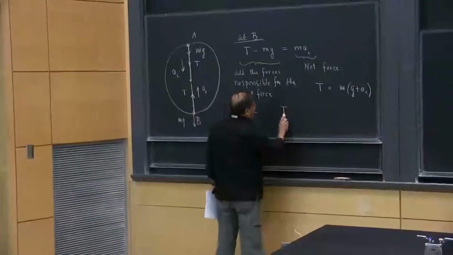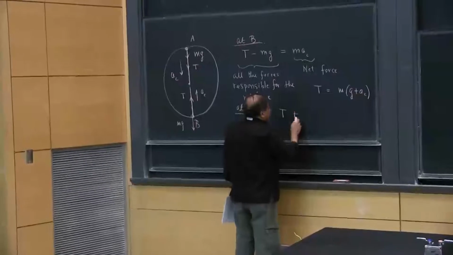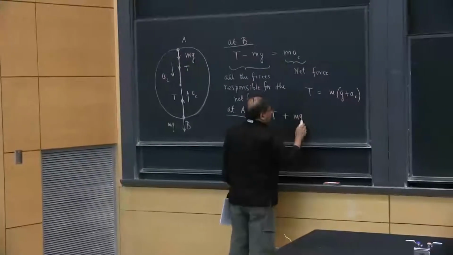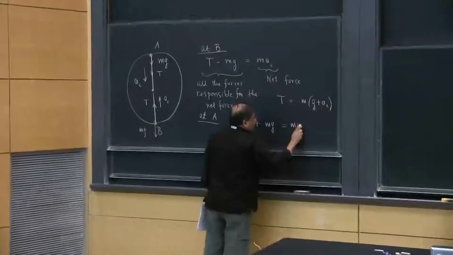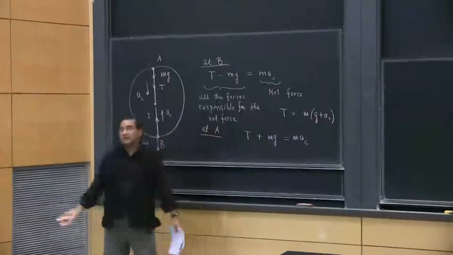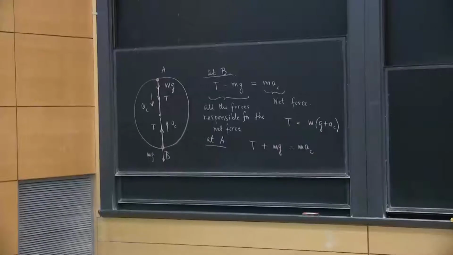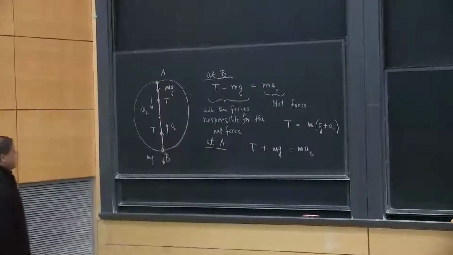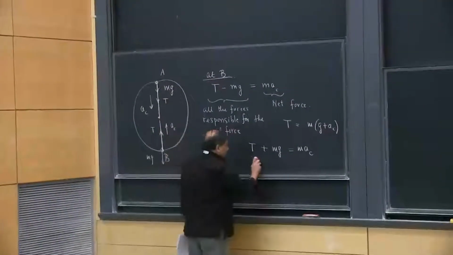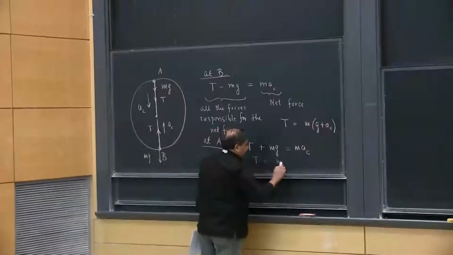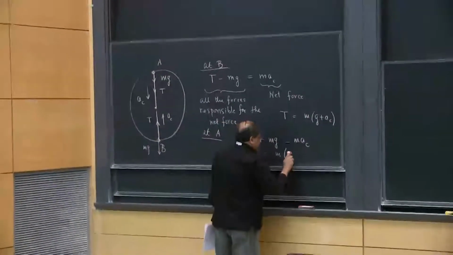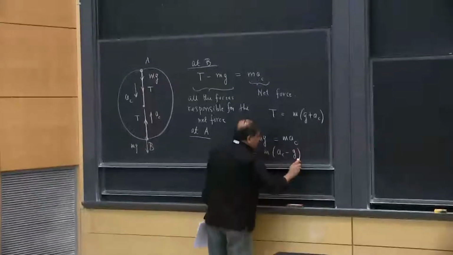I have tension downward, mg downward, and the centripetal acceleration downward, all with the same sign. So now we are left with a scenario where the tension becomes m times (ac minus g).